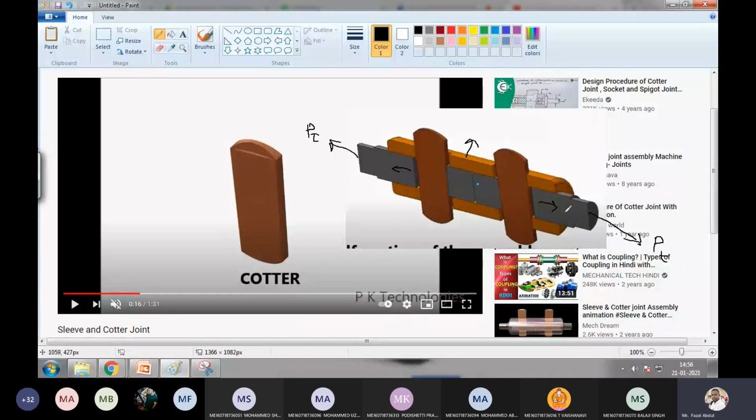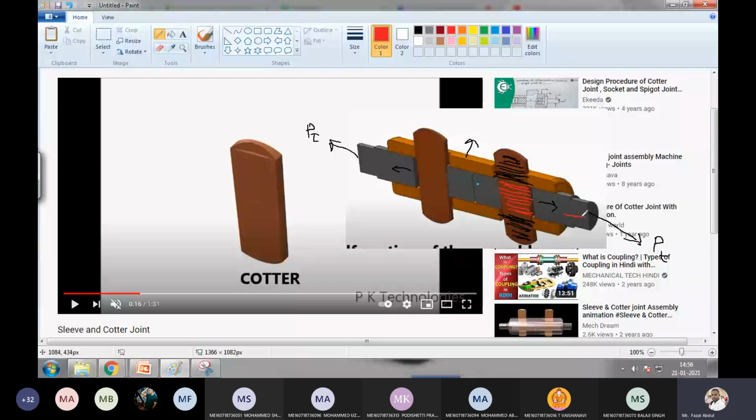If the rod comes outside, this quarter, this portion, whatever I am sharing, is going to remain inside the sleeve, and this quarter is going to remain in this sleeve. And now this red color quarter comes outside along with this rod.